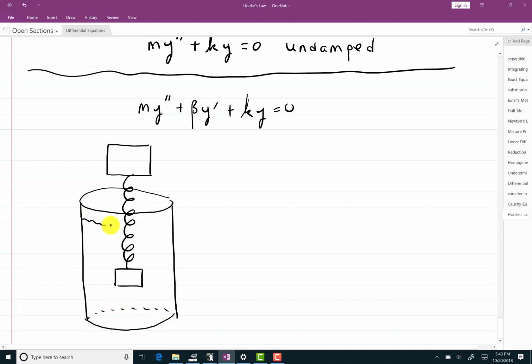So maybe the liquid is here. Whatever this medium is that it is in, it could just be air, but whatever the case may be, some sort of fluid will slow the motion from going up and down, and that's where this beta comes in. Beta is a constant that is associated with this fluid.